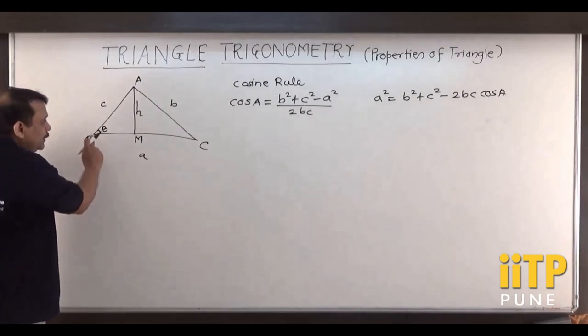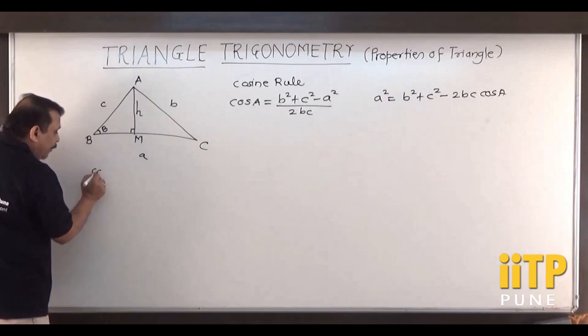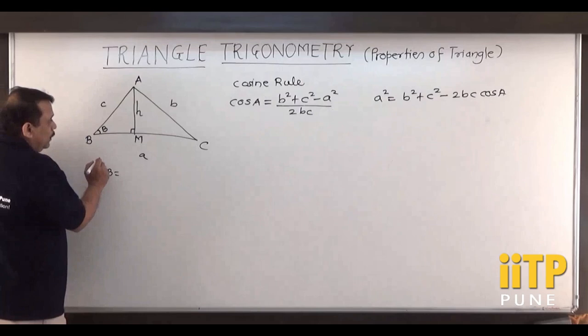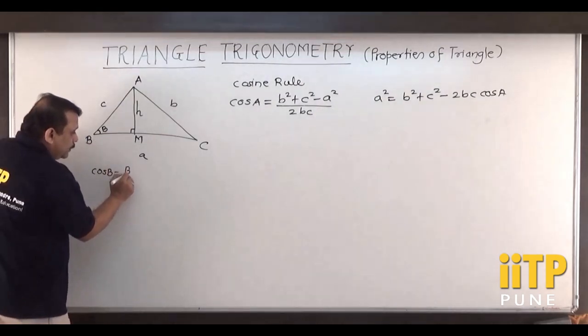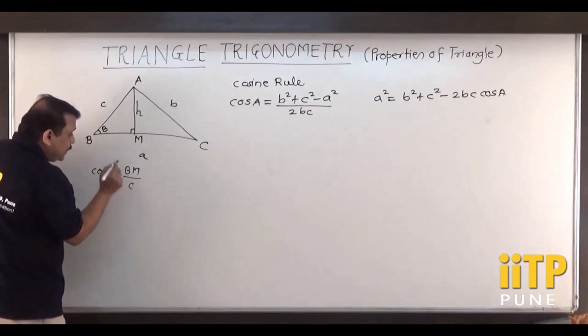Suppose the height of this triangle ABC, AM, is equal to h. Now in this right angle triangle ABM, if I find cos B, it is BM upon hypotenuse c.